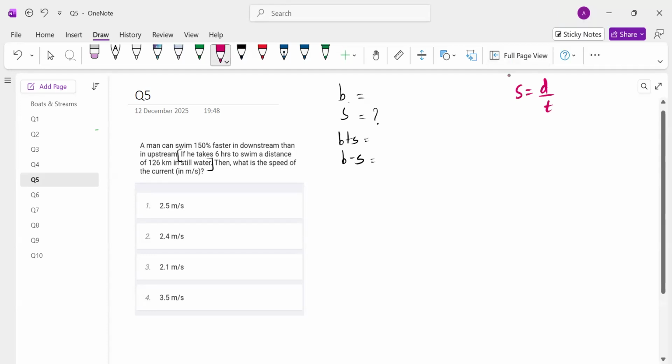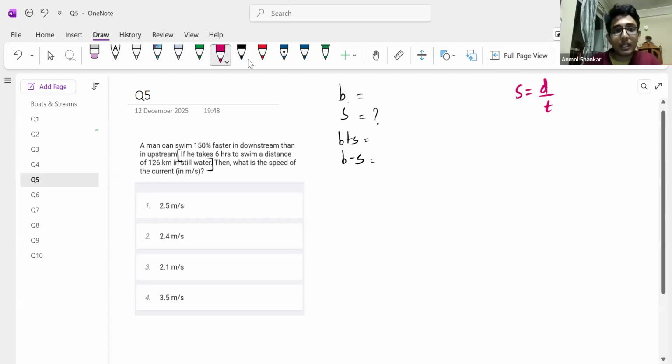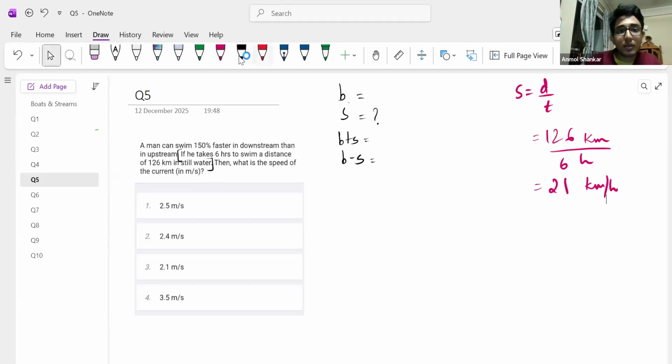Distance கொடுத்திருக்க, time 21, sir. Very good, yeah, 21. So very simple, 126 kilometer divided by 6 hours. டைரக்டா கொடுத்திருக்கலாம், இப்படி கொடுத்திருக்காங்க, what is the speed, இல்லையா? So it is 21 kilometer per hour, right? So B is equal to 21.